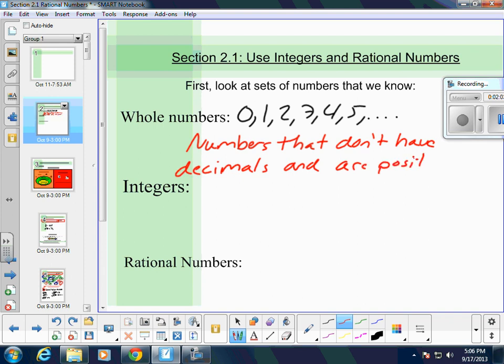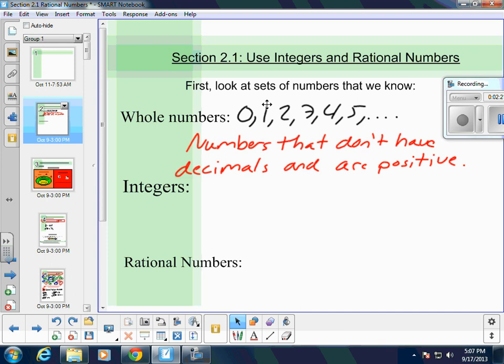We usually say something to that effect about whole numbers. Also, just remember 0 is the very first one, and sometimes I might have them add that in there too, but we'll just keep it short right now. If you want to make a note about 0 as well, 0 is the very first one.